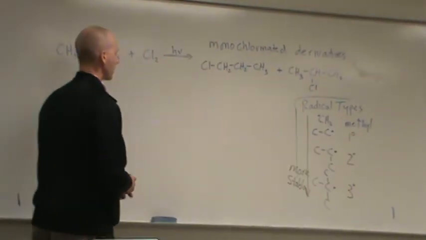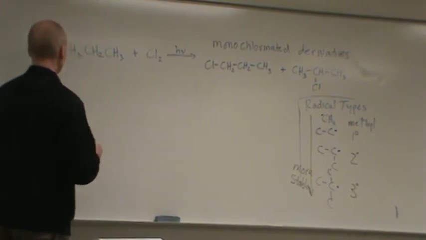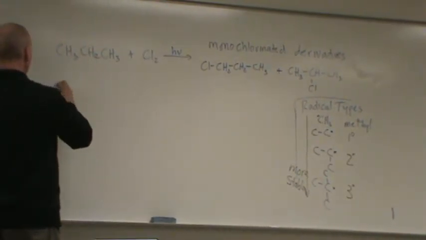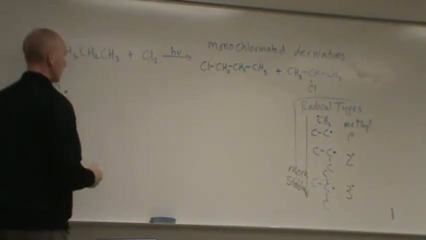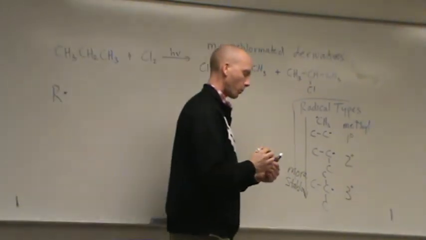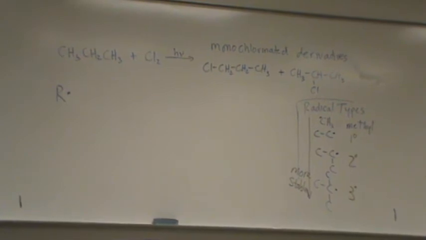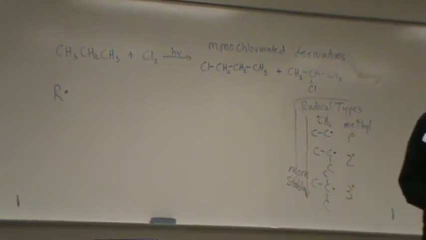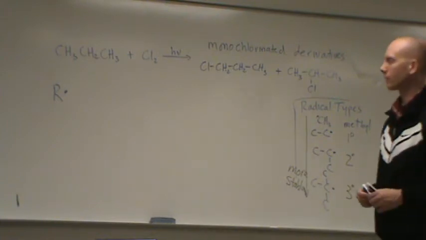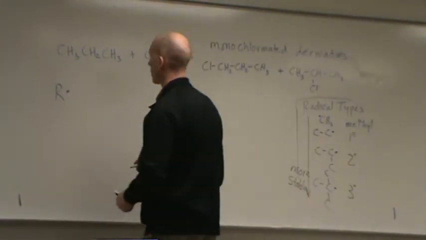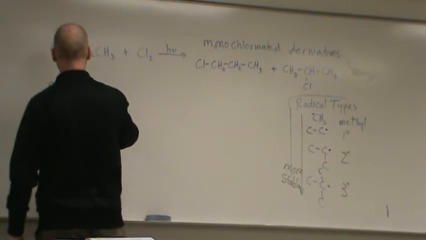And talk about it from another perspective. Let's suppose we had some radical that we'll just call R dot, whatever that radical is. Let's say that radical is in our body.